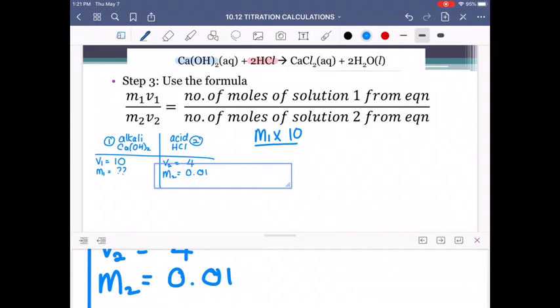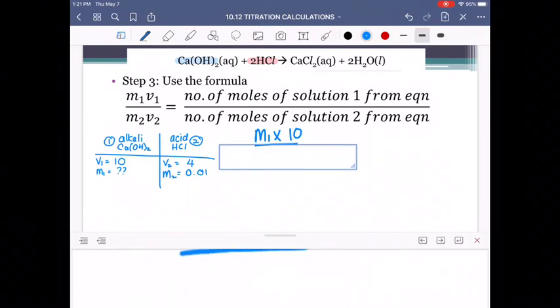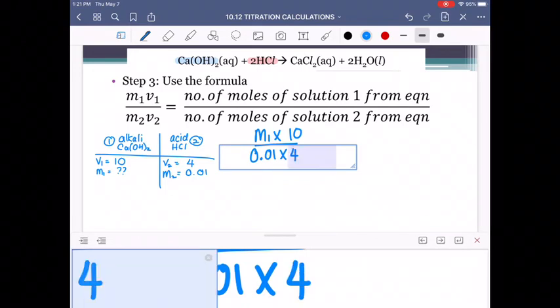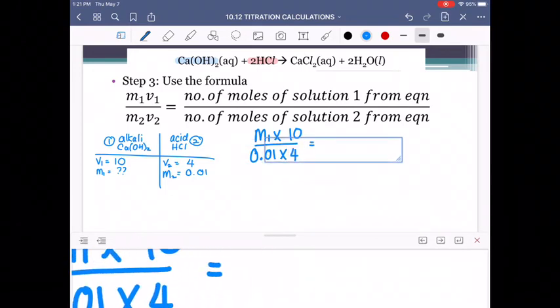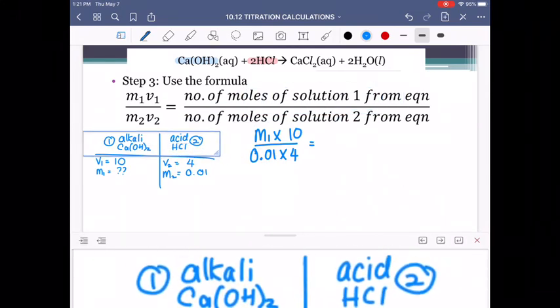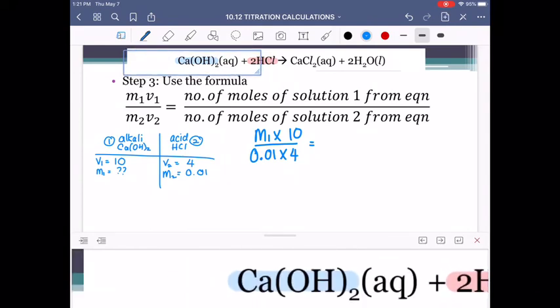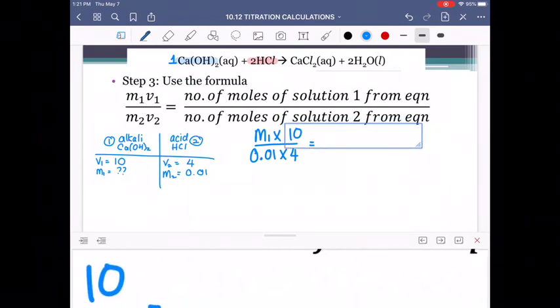Your M2 is 0.01. Your V2 is 4. Let's put it here: 0.01 times 4 equals the number of moles of solution 1. Your solution 1 is your calcium hydroxide, so the number of moles in the equation here is your invisible 1. So I'm going to put 1 here.